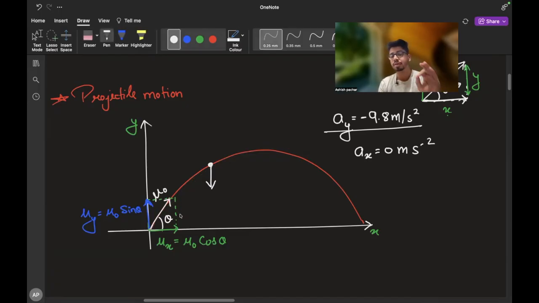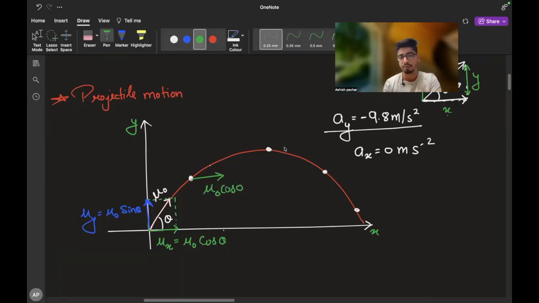But in the horizontal direction, the horizontal velocity component is not changing. Let's suppose the ball is here, and I show you some of the points. This velocity component is going to remain the same. This is u naught cos theta.